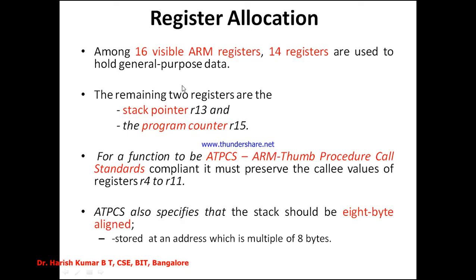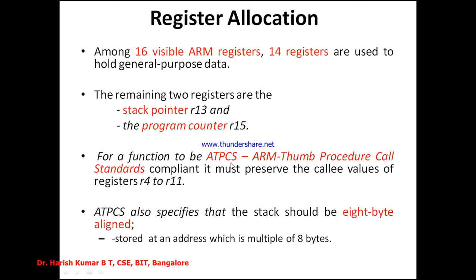Now, with this slide, you understood that 16 visible ARM registers are there. Among the 16 visible ARM registers, 14 registers are used to hold general purpose data, including the LR register, which is R14, but R13 and R15 cannot be used to hold general purpose data. And there is a standard called ATPCS that must be followed whenever you are calling a procedure from ARM code to thumb code, or thumb code to ARM code, and all these registers must be preserved before calling the function.